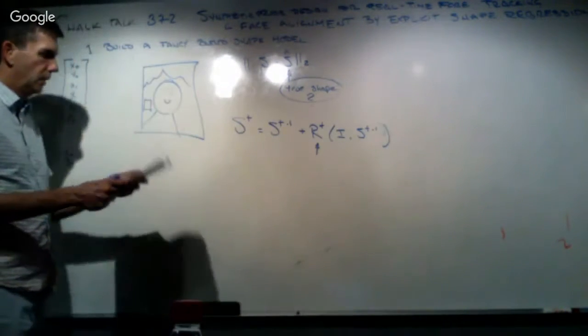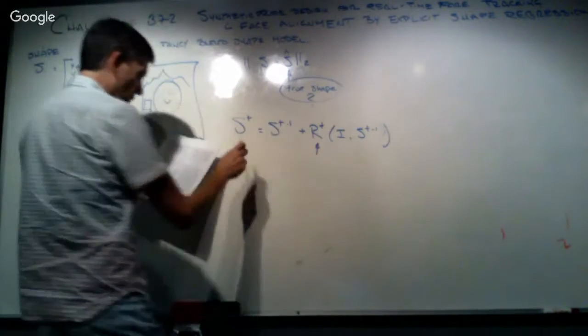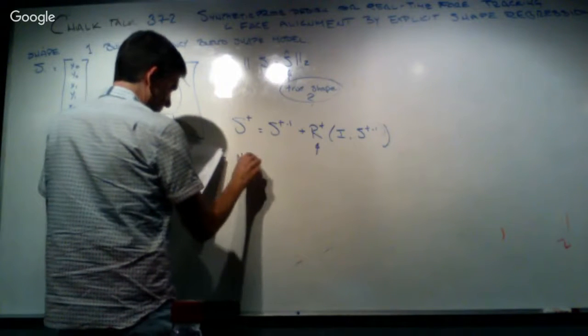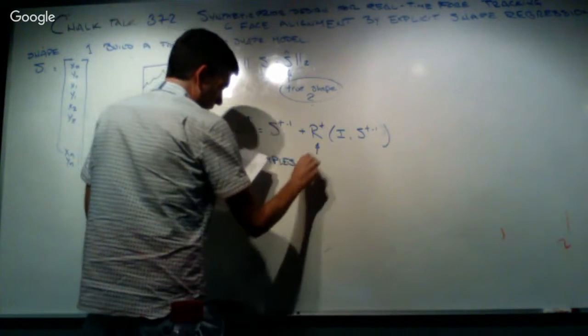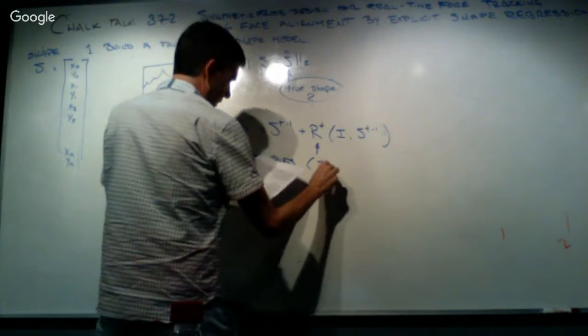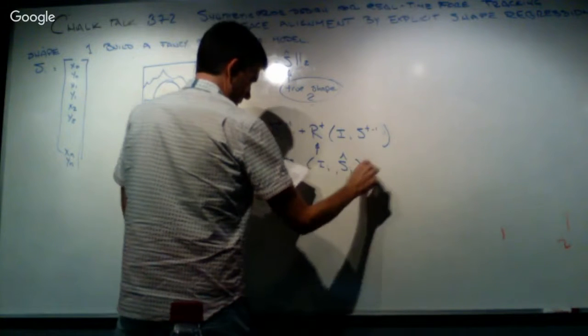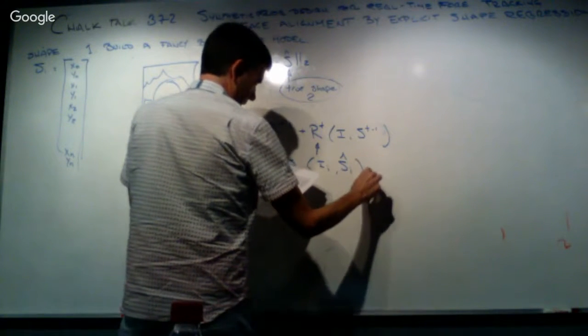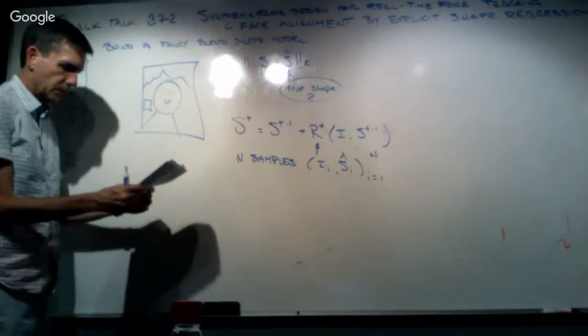So, how do we build R? So we have n samples, I sub i, S sub i, and there are n of these, i equals 1 to n samples.